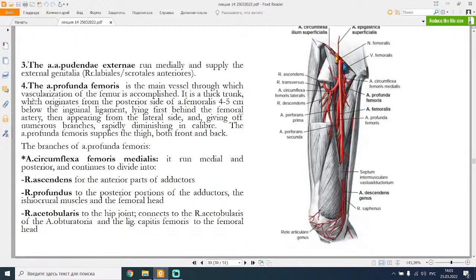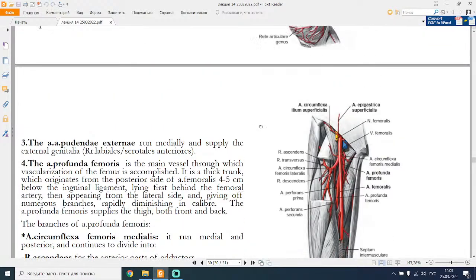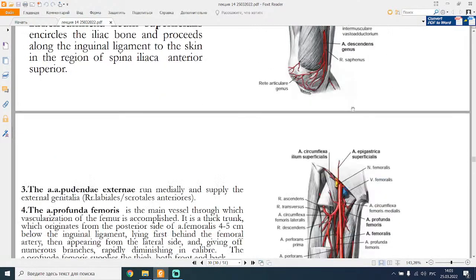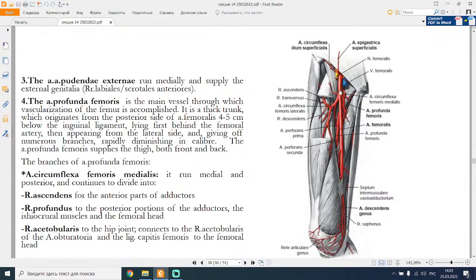This next: arteria profunda femoris. It is the main vessel through which vascularization of the femur is accomplished.